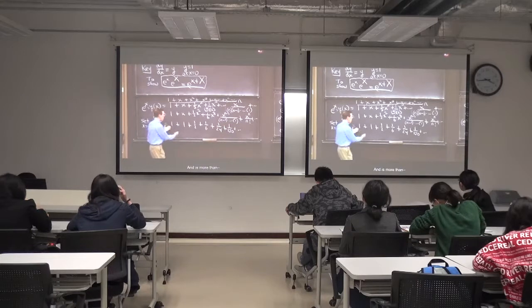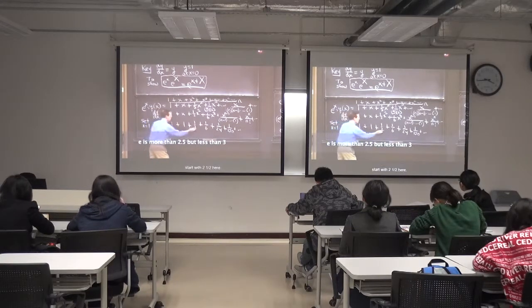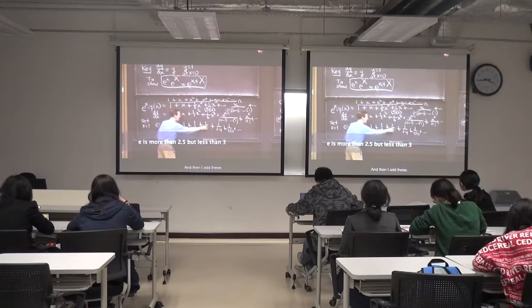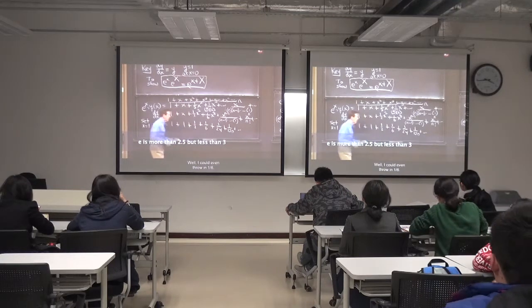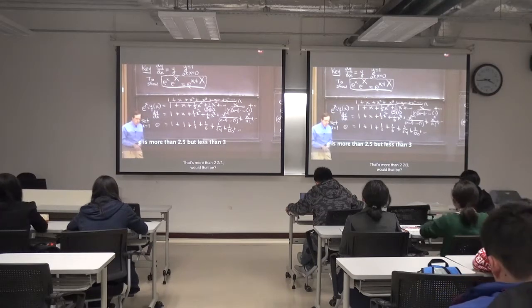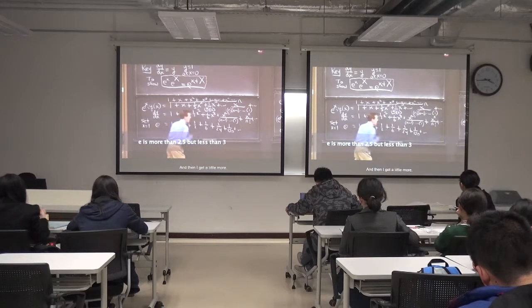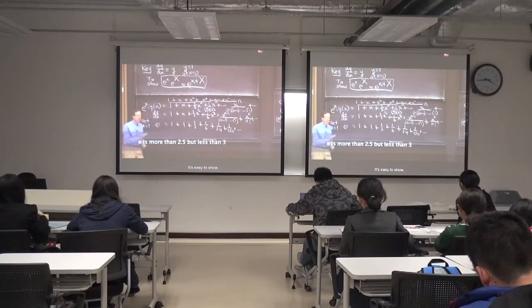It's certainly more than 2.5, because I start with 2.5 here, and then I add these. Well, I could even throw in 1/6. That's more than 2 2/3, would that be? If I quit here, I'd have 2 2/3, and then I get a little more. It's easy to show.